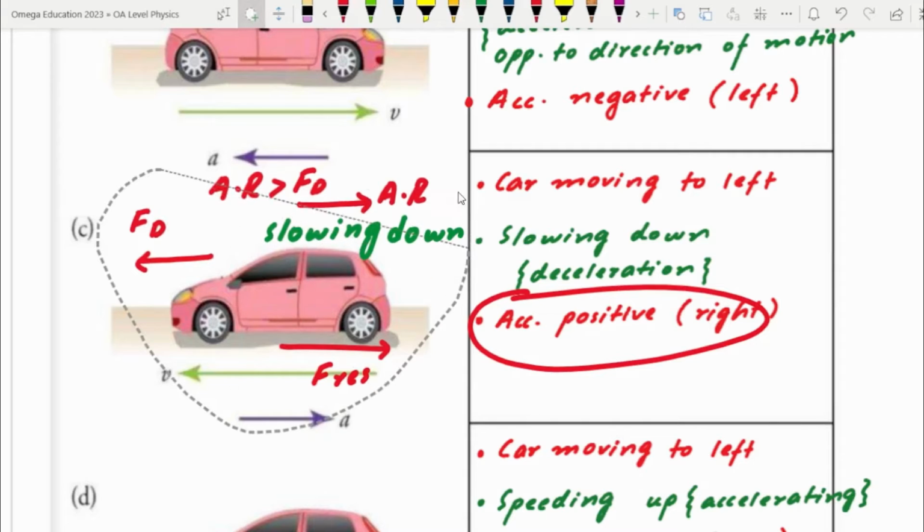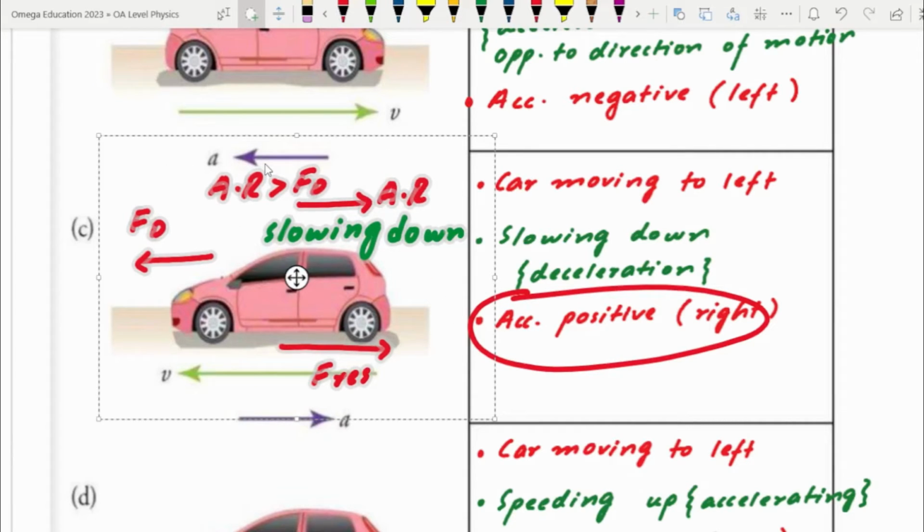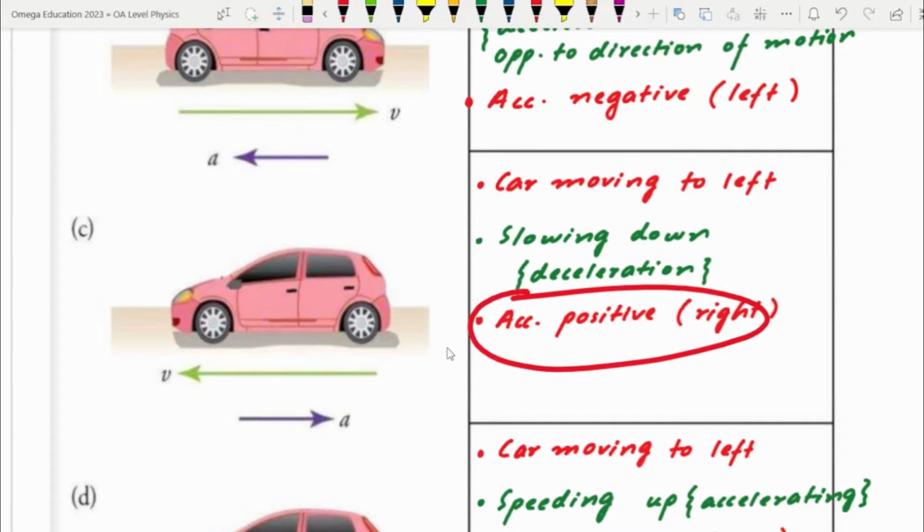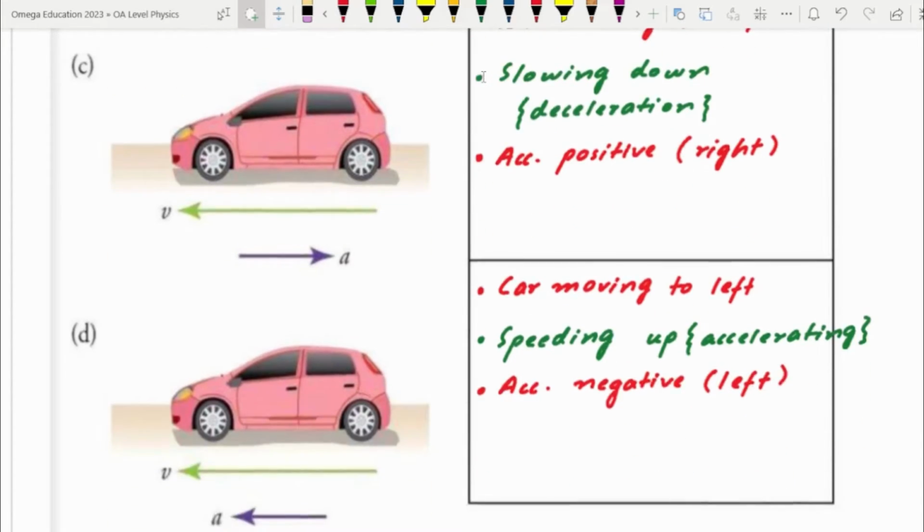So slowing down or speeding up tells you acceleration or deceleration, and the direction of the acceleration tells you if the acceleration is positive or negative.